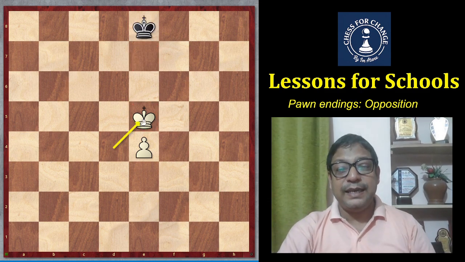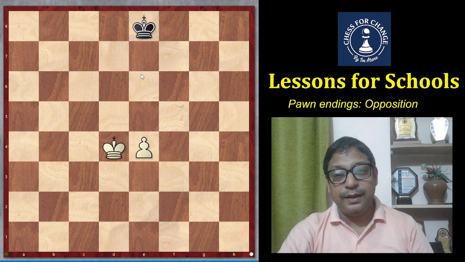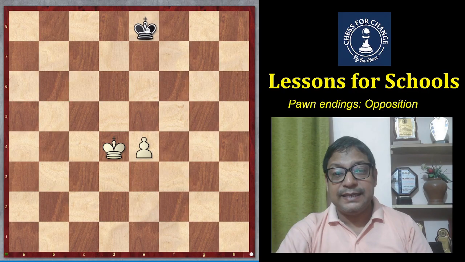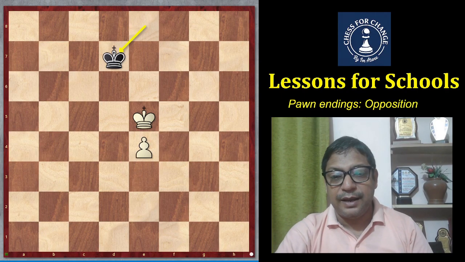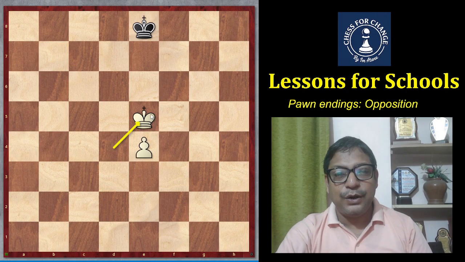Now suppose it is black to play. Now black has two decent moves, it seems. His king can come forward this way.